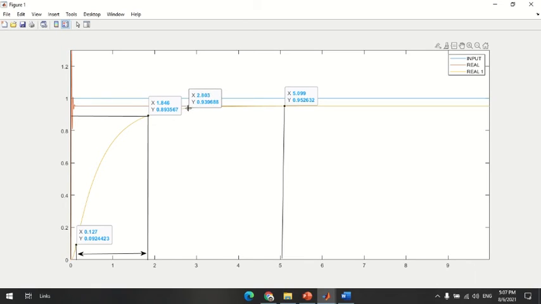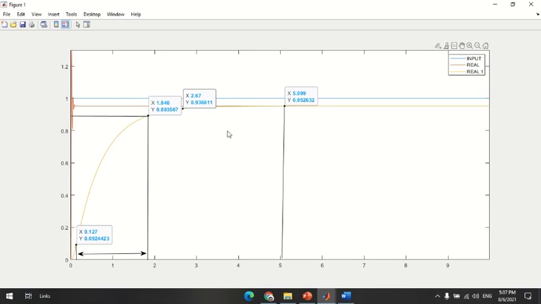like around 0.8, 0.85, around that. Okay. Around 0.93, because it is 2% from the final value.